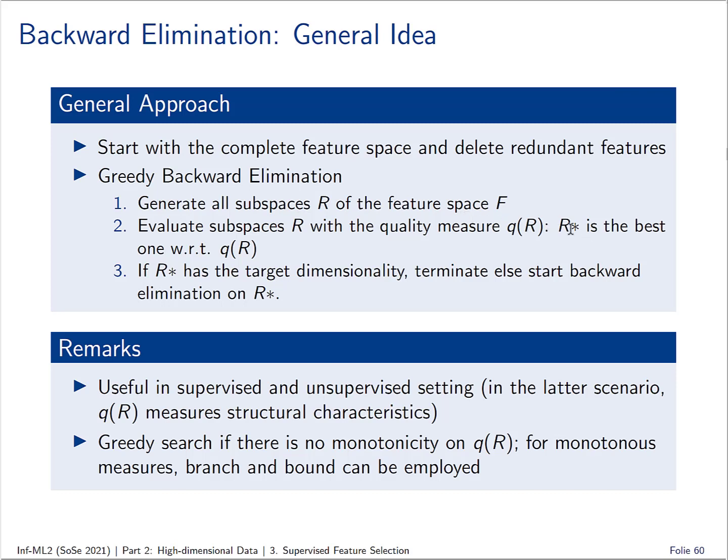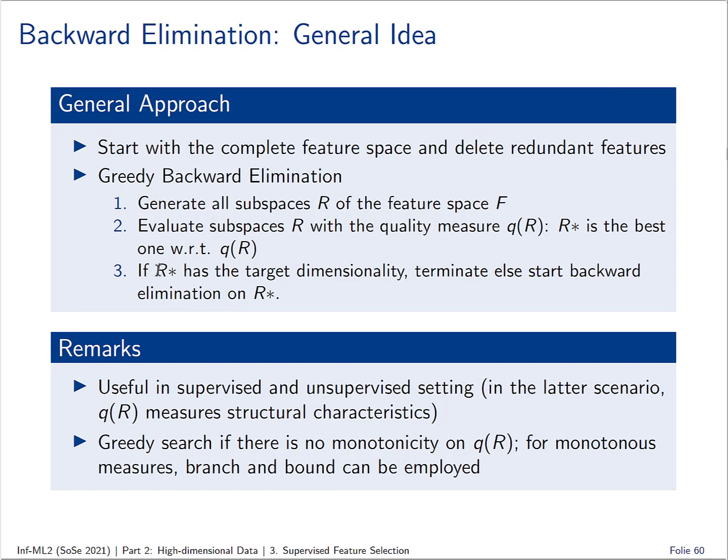And say R star here is the best one with respect to this quality measure, then if R star has the target dimensionality, meaning we still need as an input parameter the number of features that we want to get, the dimensionality of the resulting feature space, which should be smaller than the dimensionality of our original feature space, of course.